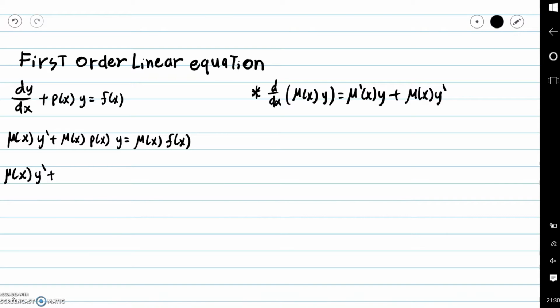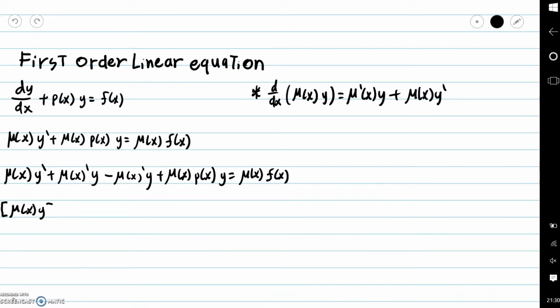We then add the differential of mu(x) y into the equation, then minus it again, so it will be null. And the equation will look something like this. We continue to simplify the equation and combine it using the product rule.